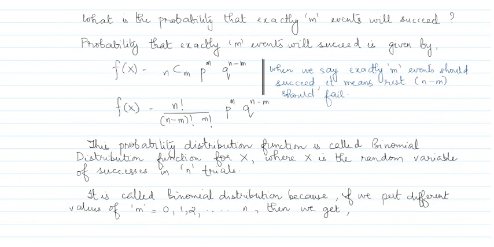Now, I would like to know the probability that exactly m events will succeed out of n. When I say exactly m events will succeed, it means I should also obtain that the rest n minus m events should fail, isn't it?